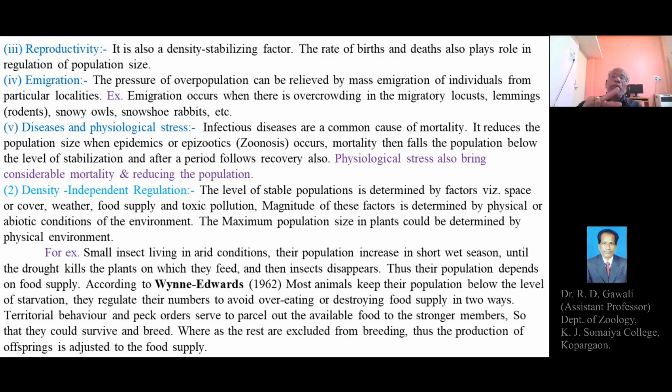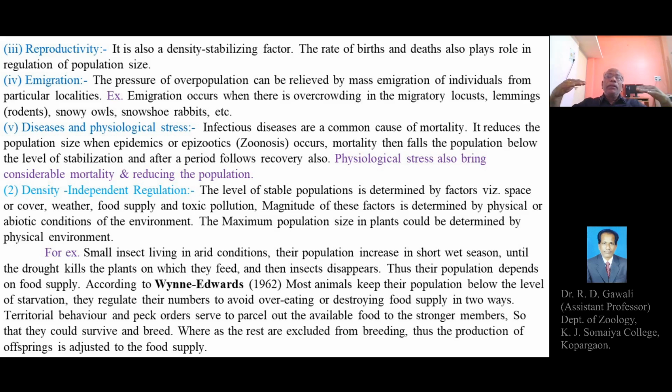So the rates of births and deaths will affect the population size. That is the reproductivity. So the rate of natality and rate of mortality also play a role in the regulation of population size.